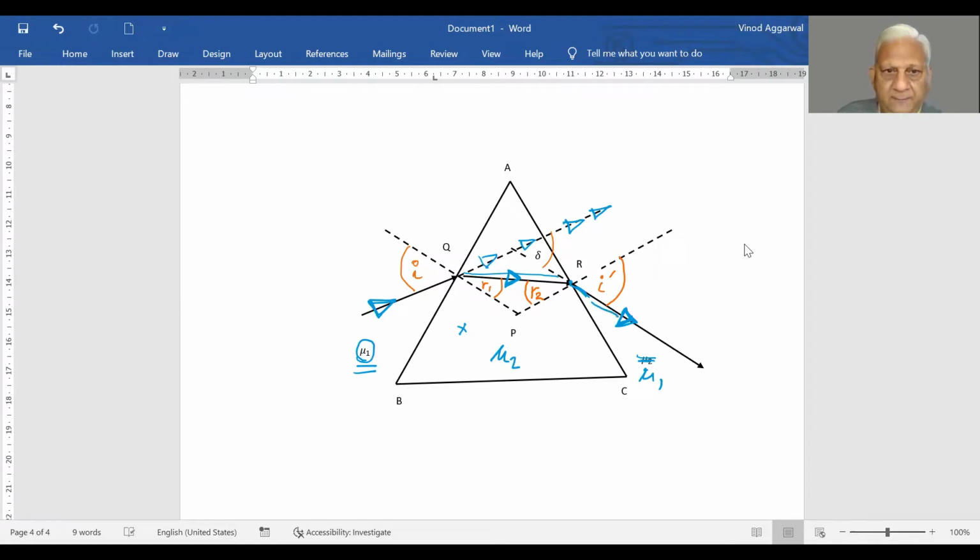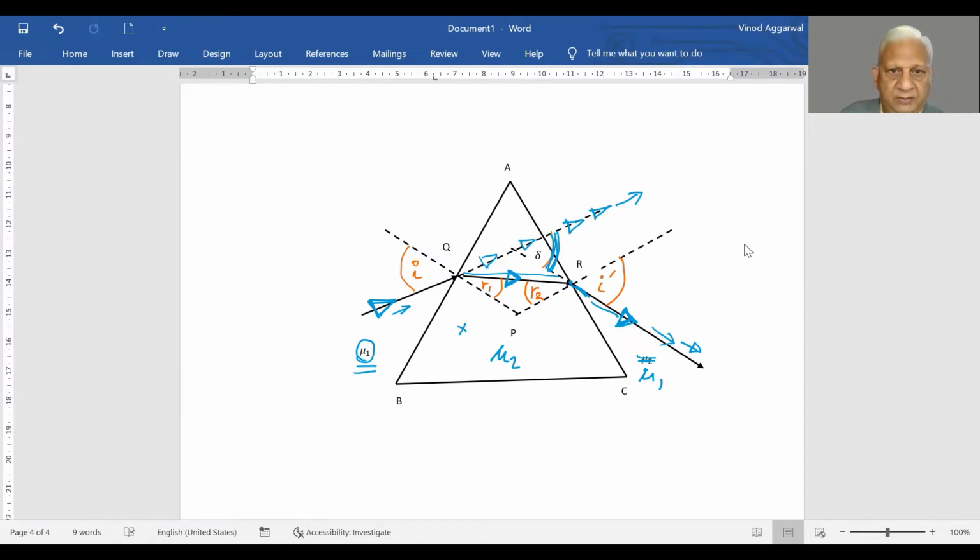So effectively, the ray which would have gone like this has now gone in this direction. So what is the angle between them? The angle between them is this. We call that the incident ray has deviated by this much angle after exiting from prism.